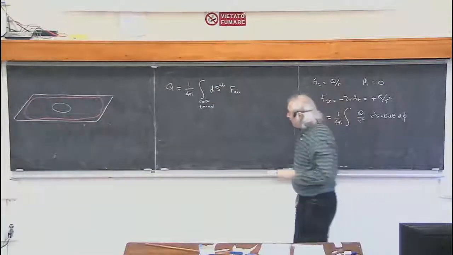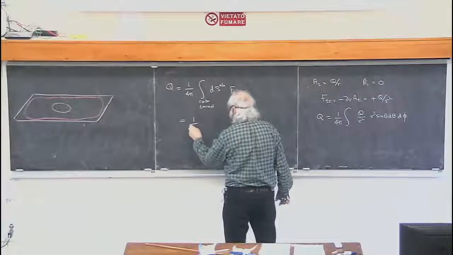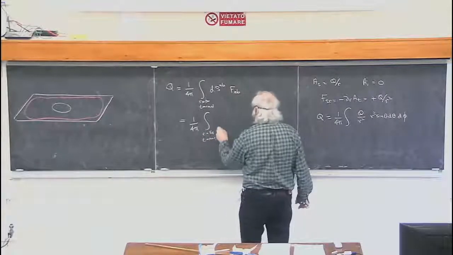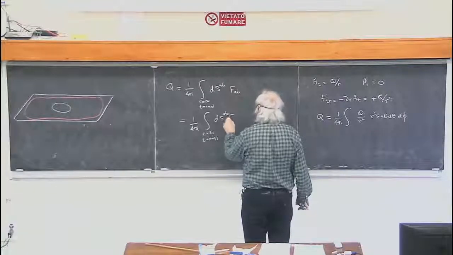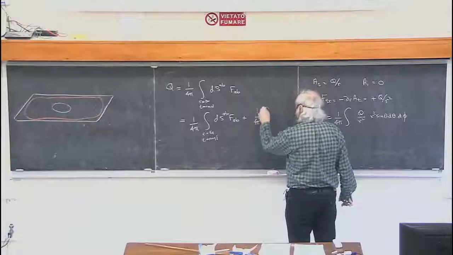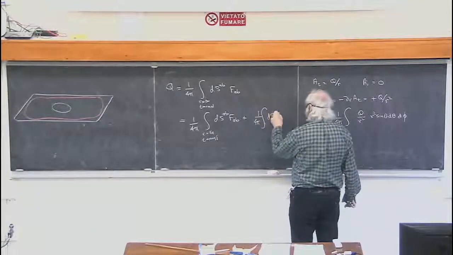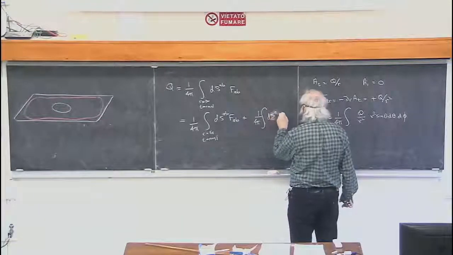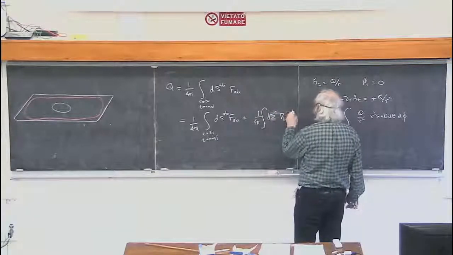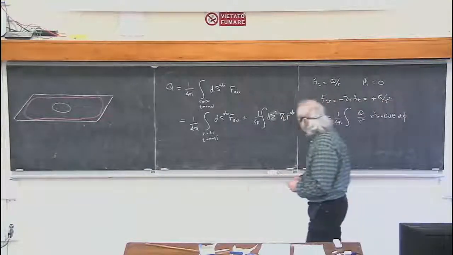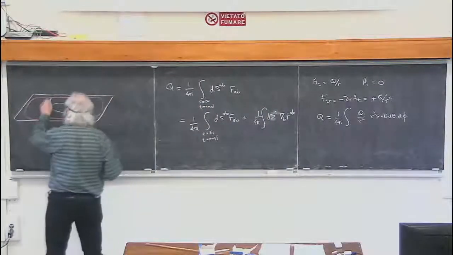If we apply Gauss's theorem to this, we will get 1 over 4 pi, integral now over r equals r horizon, t equals constant, dS_AB F^AB, plus 1 over 4 pi integral, sorry, not dS_AB, d sigma_A nabla_B F^AB, where this is the surface that is lying between the two boundaries, so it's everything shaded in green here.